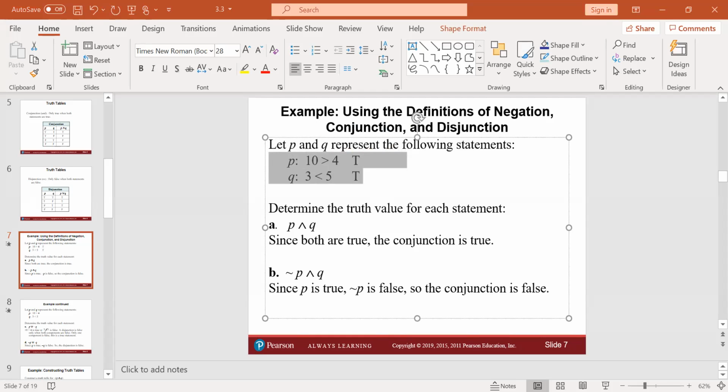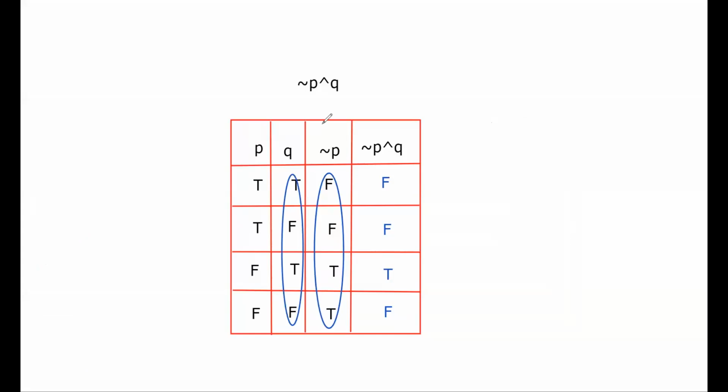Thus, when we go back to the truth table for it, we're not looking at every possible row. We're looking at the row that starts off with P and Q being true statements because that's what we start with here. P and Q are true statements, and we can verify that using other reasoning.